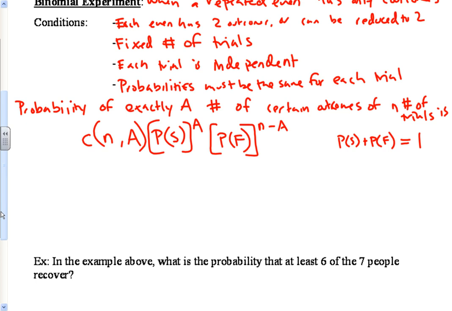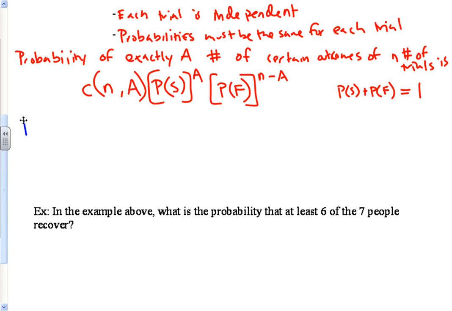So let's go to the example above. We want to know the probability that 3 people recover.